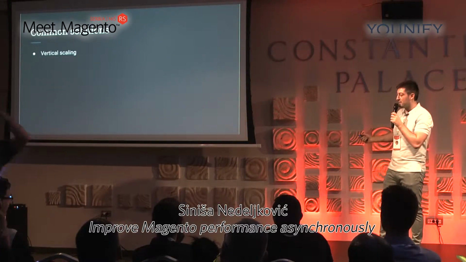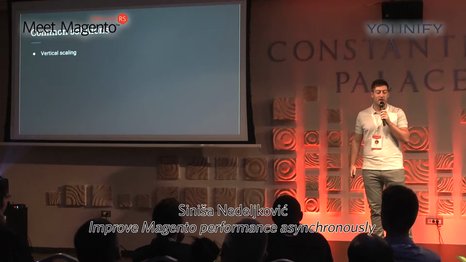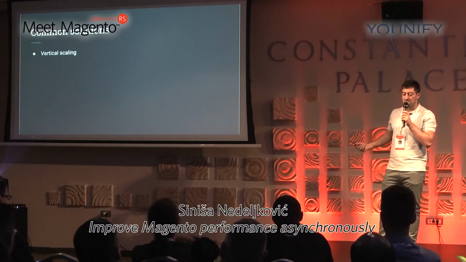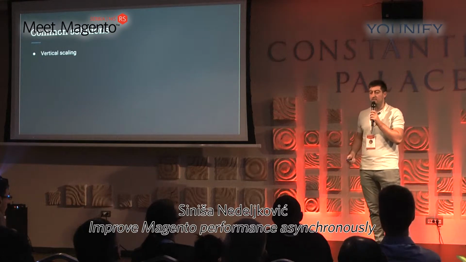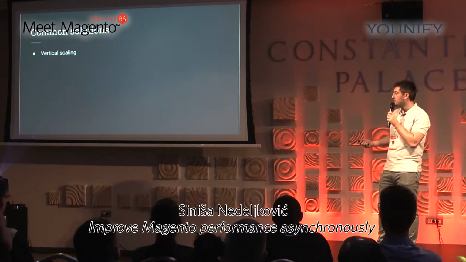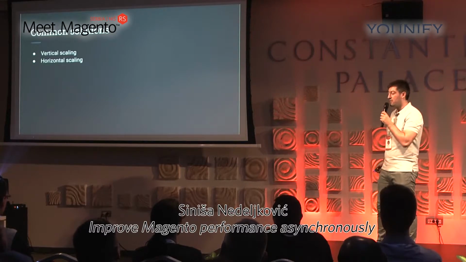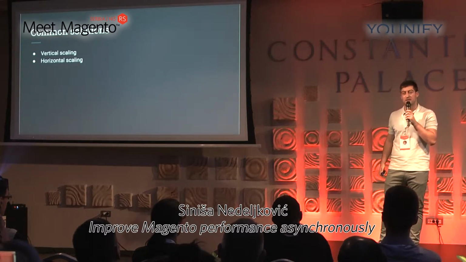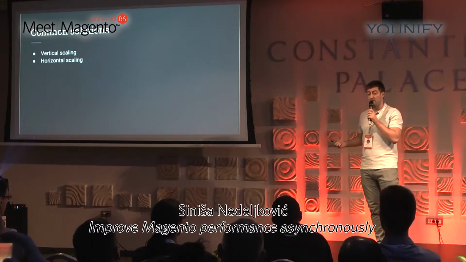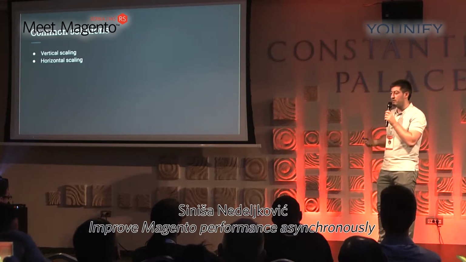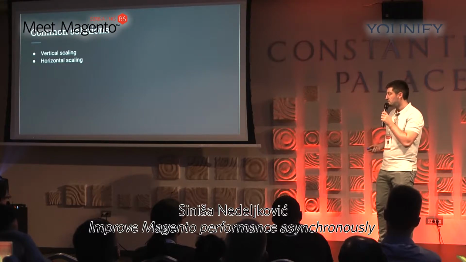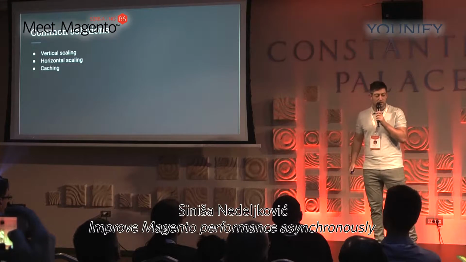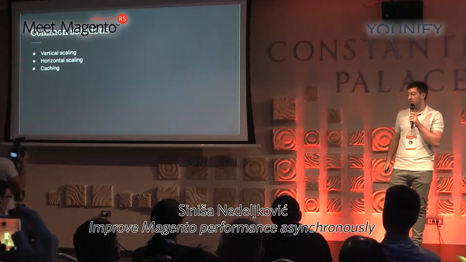First is vertical scaling. You can add some memory and CPU power, and use SSD hard disk drives. The next one would be horizontal scaling, which means you can add additional nodes for web servers, add some replicas to your database, etc. Then caching, which comes in a lot of ways.